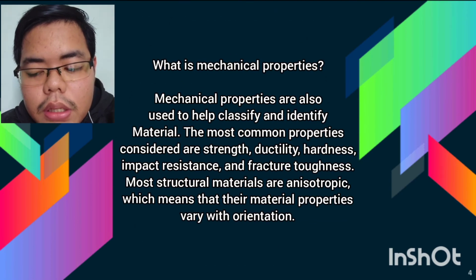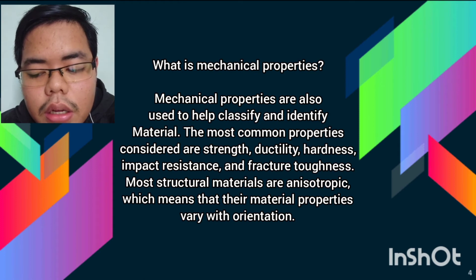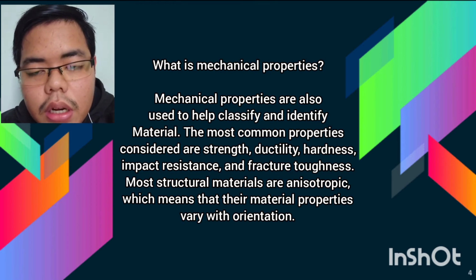Mechanical properties are also used to help classify and identify material. The most common properties considered are strength, ductility, impact resistance, and fracture toughness. Most structural materials are anisotropic, which means that their material properties vary with their orientation.